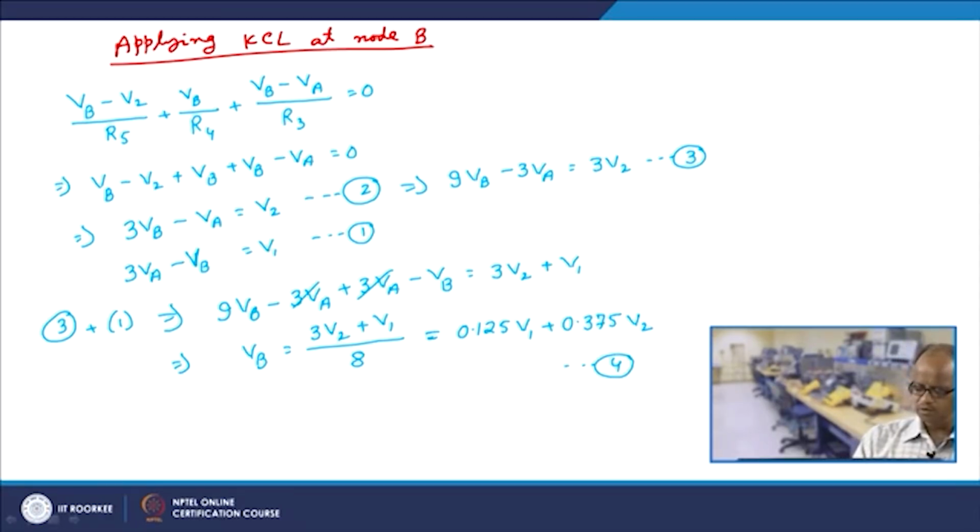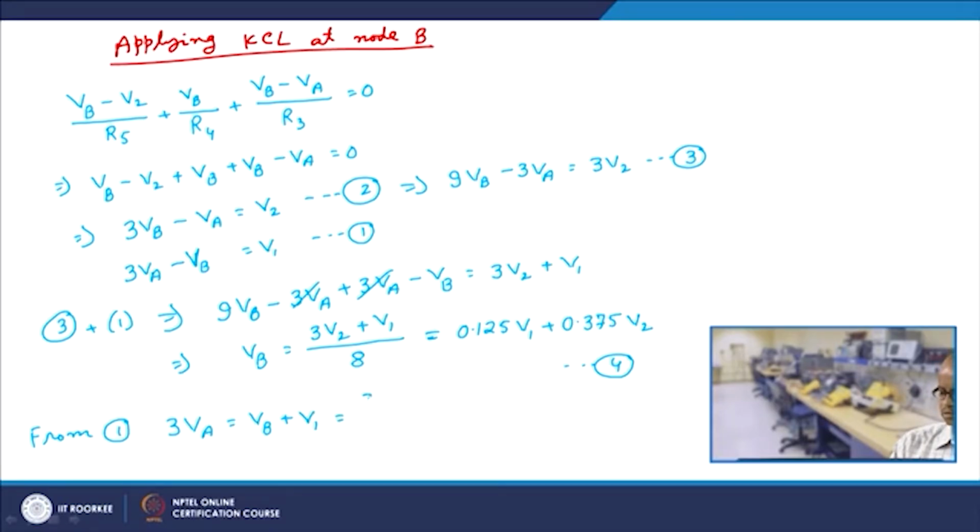Now because I have got this VB, we have to now calculate VA. So from equation 1, 3 VA is equal to VB plus V1.